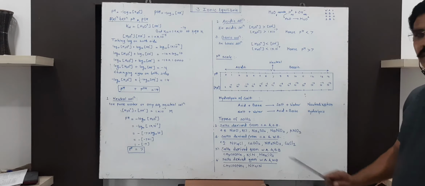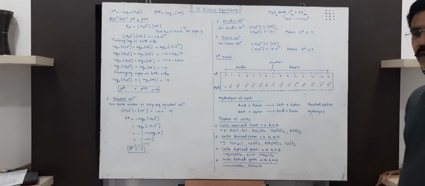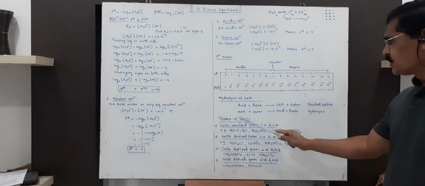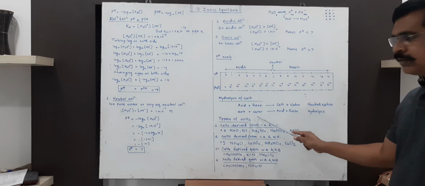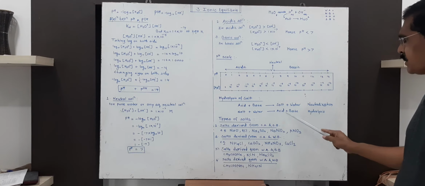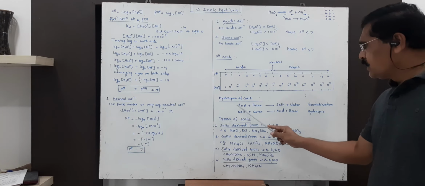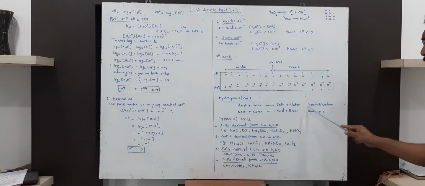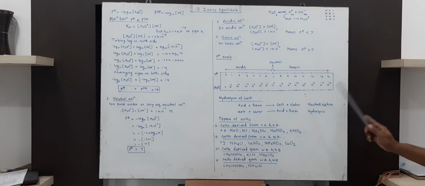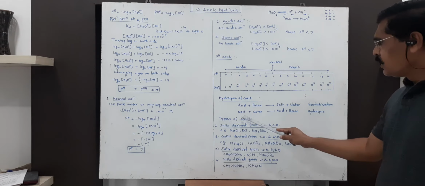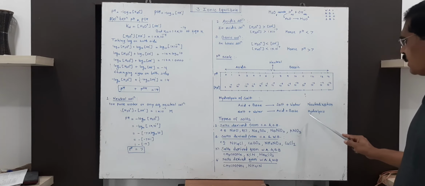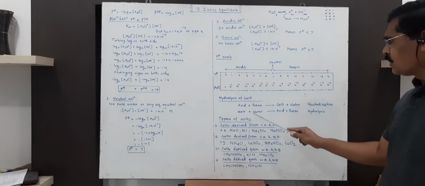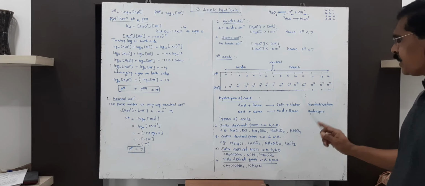Based on this, types of salts are given. This salt when it reacts with water forms acid and base. It is not important to remember the definition of neutralization, but you have to remember the general definition of hydrolysis, that is, salt plus water forms acid and base.